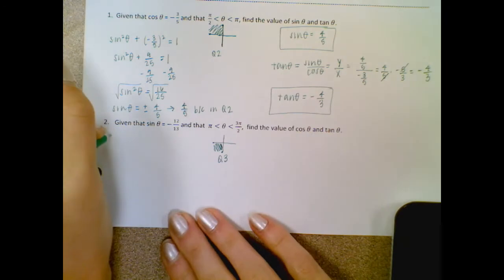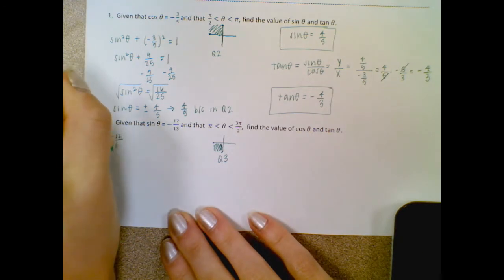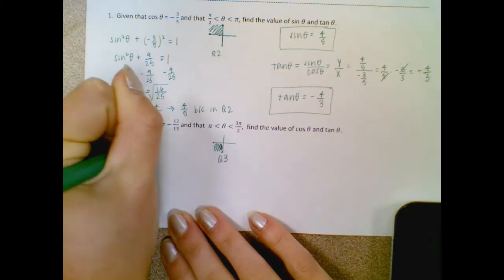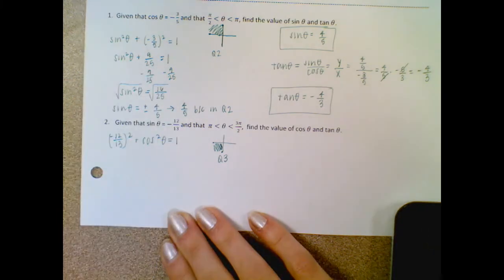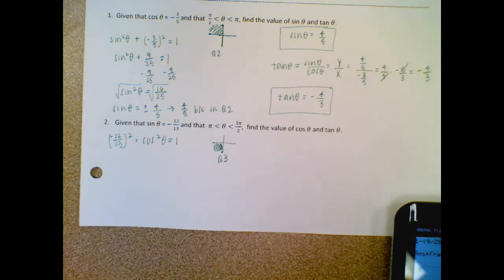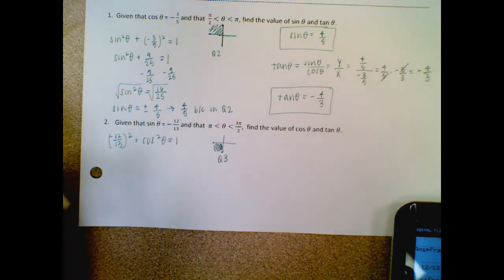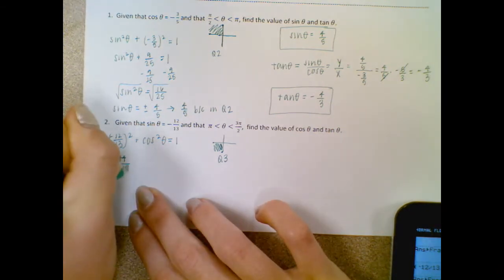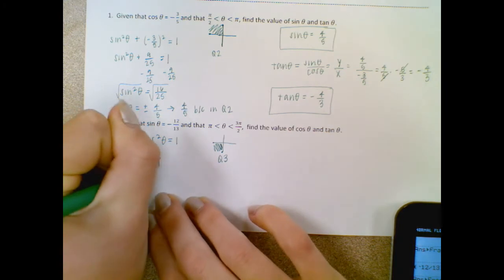All right, let's go ahead and plug this into the equation. So negative 12 over 13 squared plus cosine squared theta equals 1. So I'm plugging that into the Pythagorean identity. Negative 12 over 13 squared, got to keep those fractions, 144 over 169 plus cosine squared theta equals 1.